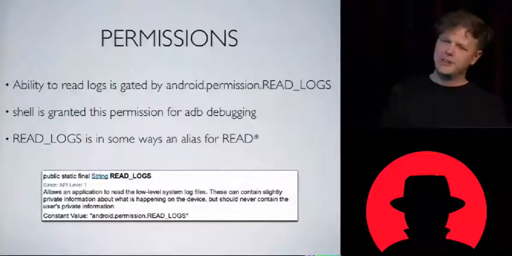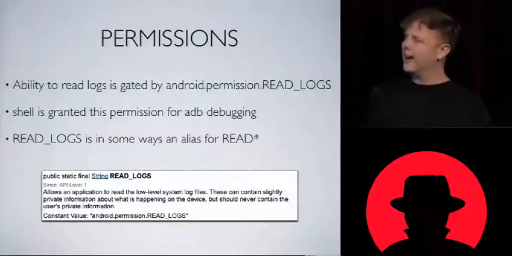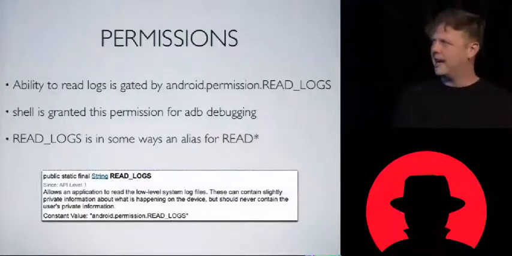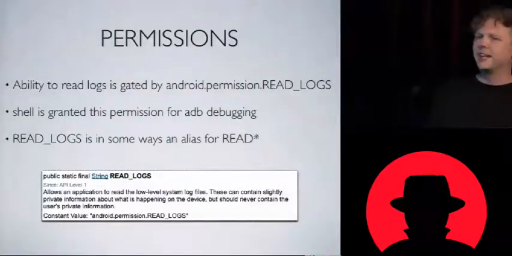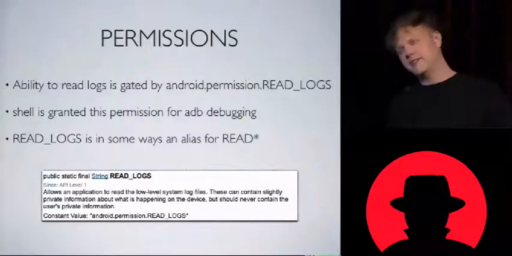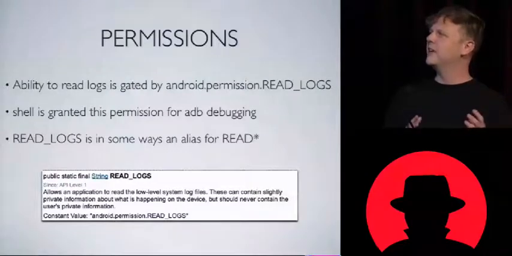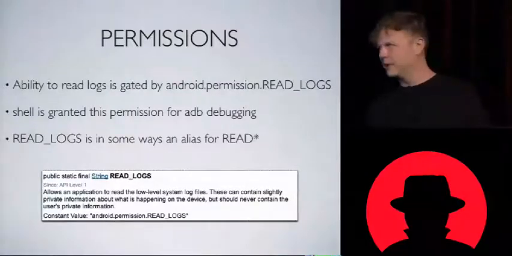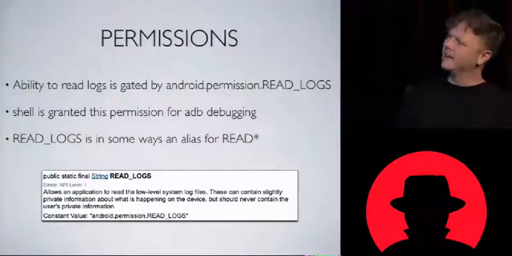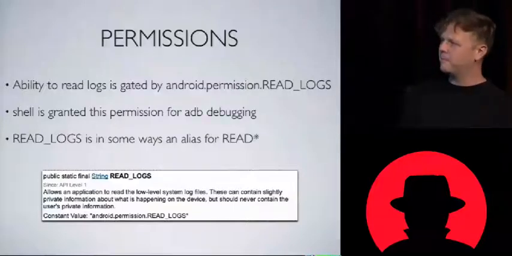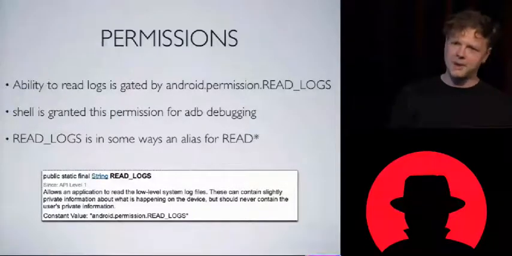In the case of a phone that's in debug mode, the shell account is granted permission so that you can invoke Logcat over ADB. And you can look at READ_LOGS as a permission which, to an uneducated user, seems like a relatively harmless thing to request access to, but can actually be built on. There's advice in the permission documentation that logs may contain some private information, but should never contain serious private user information.